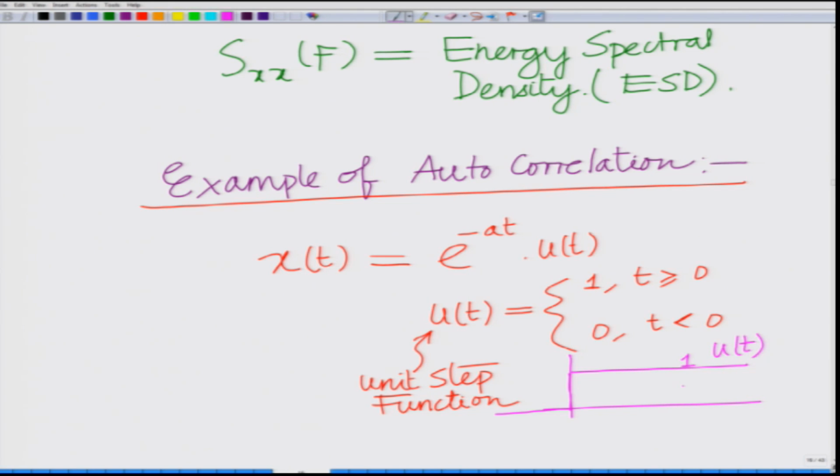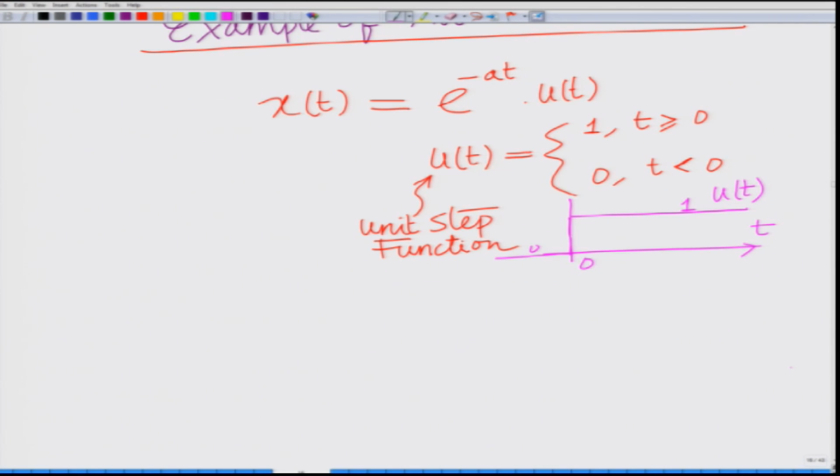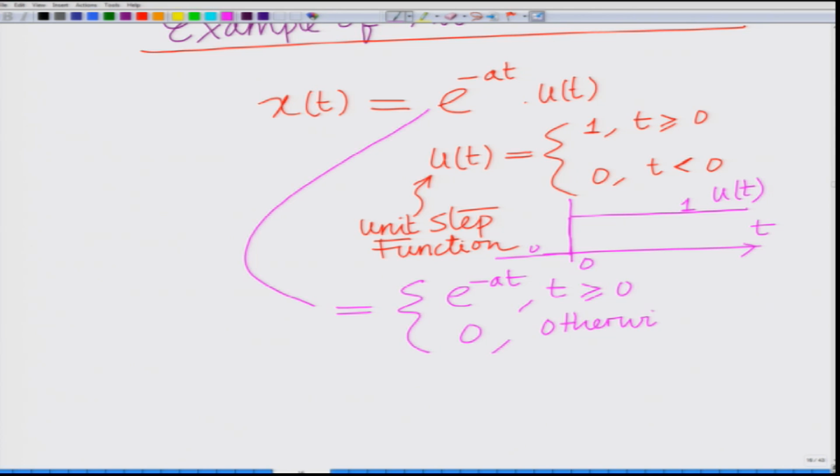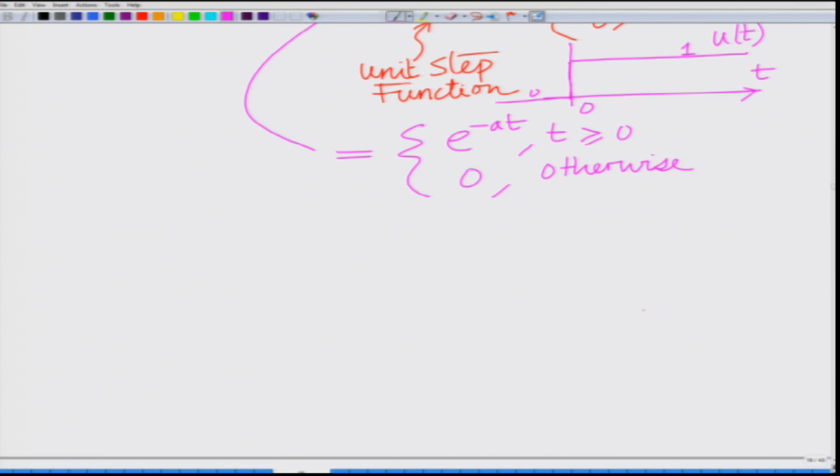This is our unit step function, this is 0, and this is the time axis, all right. Therefore, e to the power of minus a t u t is equal to e to the power of minus a t for t greater than or equal to 0, and equal to 0 otherwise, correct, and therefore, this looks as follows.